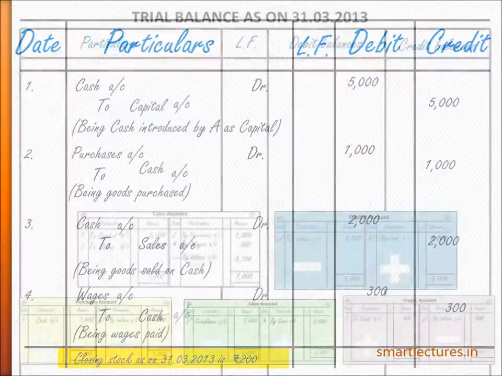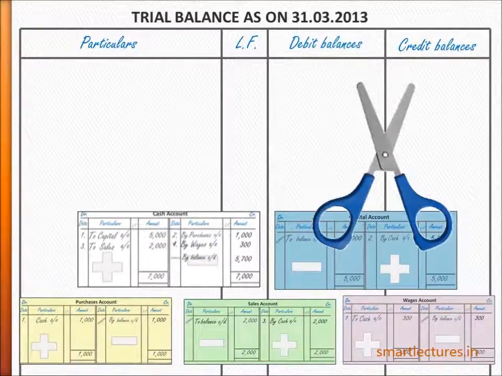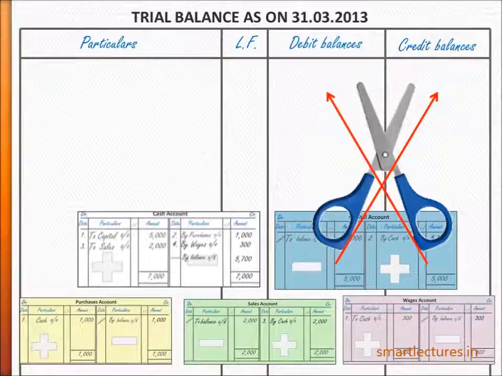You know, when a trial balance is prepared, we have to use the scissor style, meaning left to right, right to left. If we take any closing balance from the left side, that will be written on the right hand side of the trial balance. If we take any closing balance from the right hand side of the ledger, that will move to the left side of the trial balance.